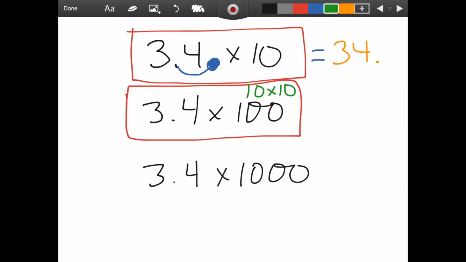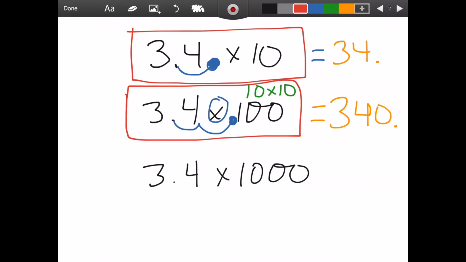So if we're multiplying by 100, we're multiplying by 10 twice. So basically, we can move the decimal over two places. So the decimal would now be here. Keep in mind, there's no digit in this space, so we can put a 0. So we know then that 3 and 4 tenths times 100 would be 340. And again, you can put the decimal at the end if you'd like.